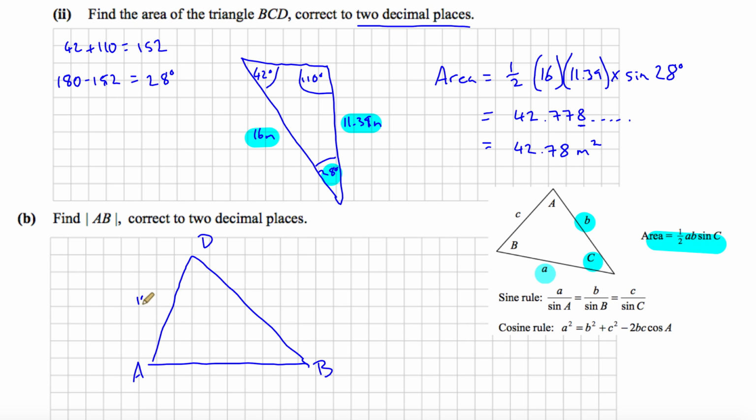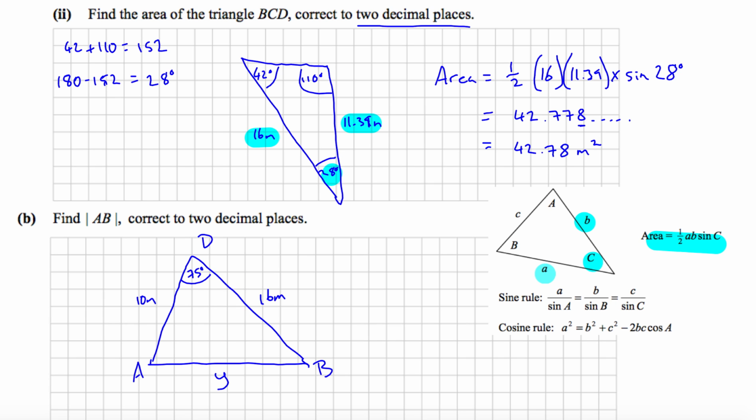And we had a 10 meter side here, a 16 meter side here, and we had the angle here in between, which was 75 degrees. Now, we were asked to find AB, so we were asked to find this length here, which we can call Y. We won't use X because we used X previously, so we're looking for Y.